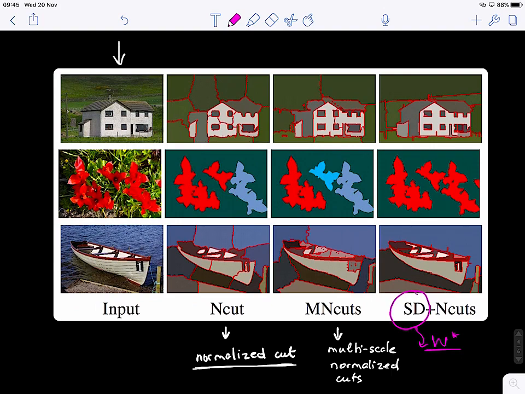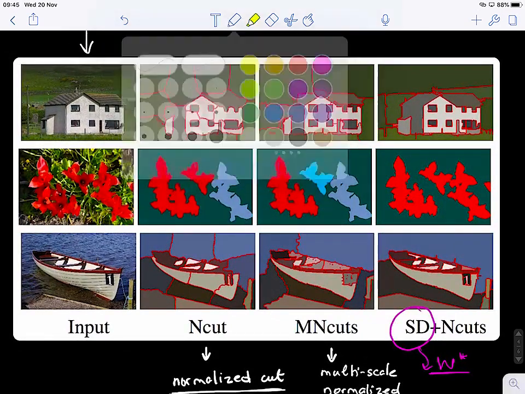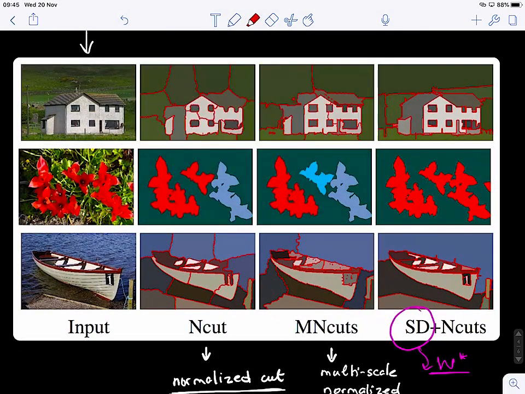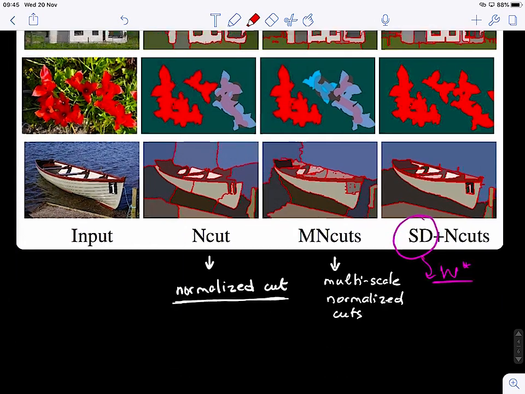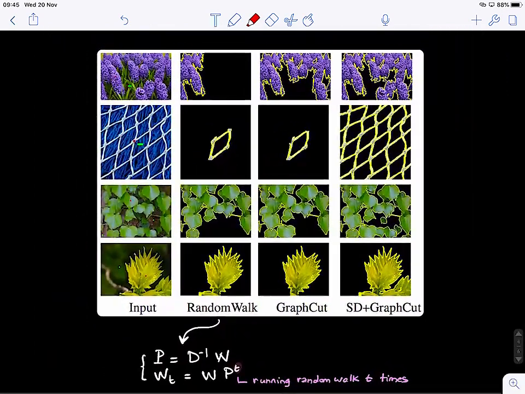And you can see here that this is a very nice segmentation, because in this example they were able to capture all these flowers, but here they were mislabeled, okay? And also in another example in the paper, they used a random walk. This is how they defined another diffusion-based model, which uses a random walker on a graph.